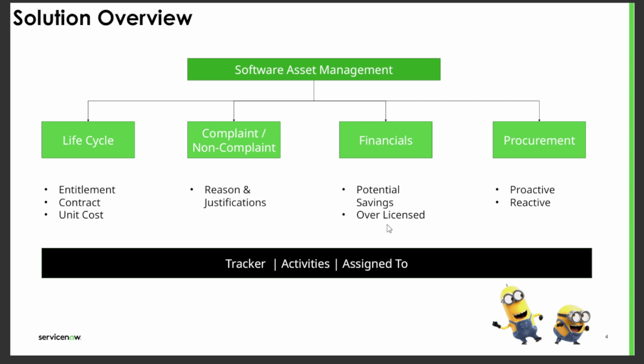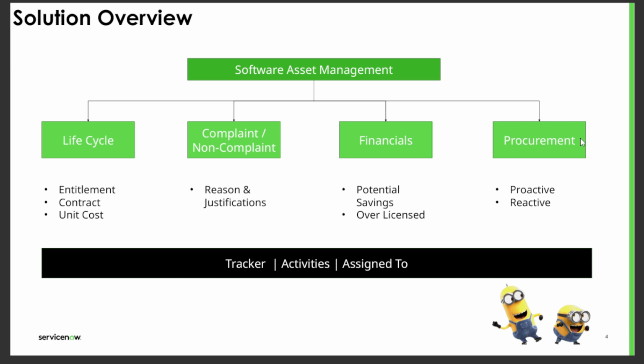Financial represents cost numbers, which can be derived. Mostly this can be handled via your out-of-the-box dashboards and reports, accessible from your software asset management workspace. All four of these can be accessed from the SAM workspace, which is a single page where you can access everything.